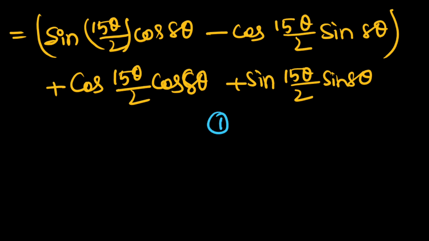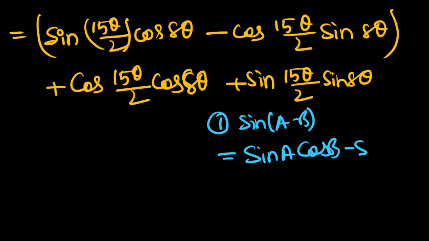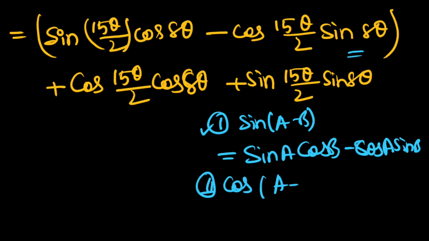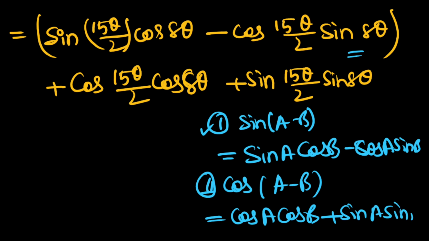First one is the sine of a minus b formula, that is sin a cos b minus cos a sin b. We use this for the first pair. The second identity is cos of a minus b, that is cos a cos b plus sin a sin b.